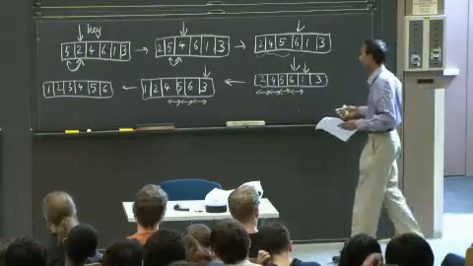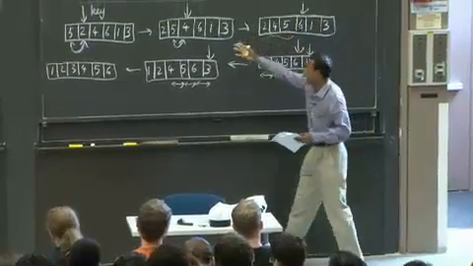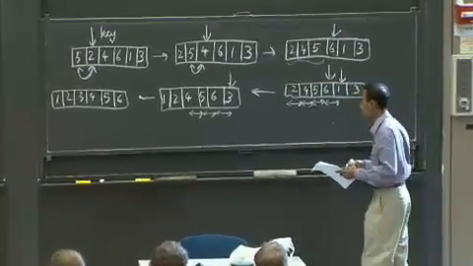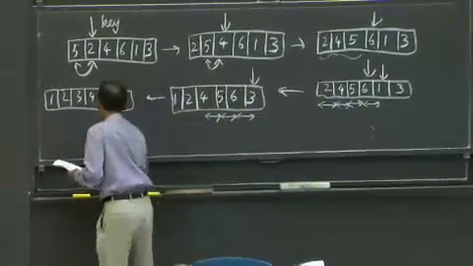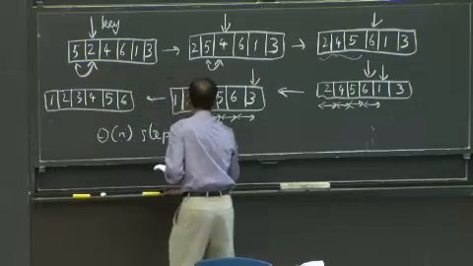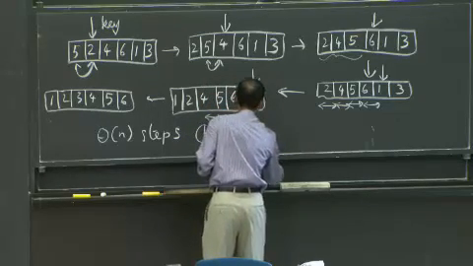I have theta n steps, and in this case you can think of it as n minus 1 steps since you started with 2. But let's just call it theta n steps in terms of key positions.